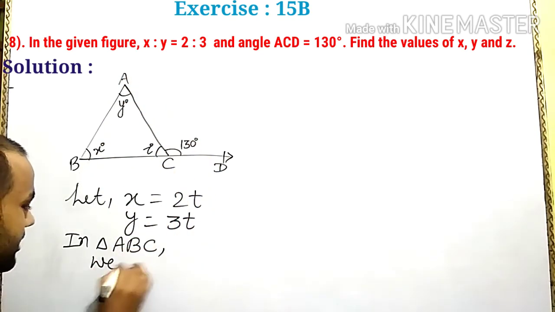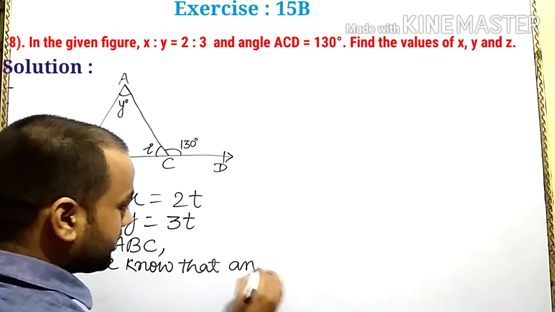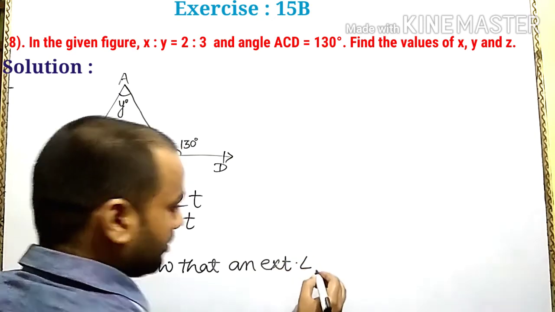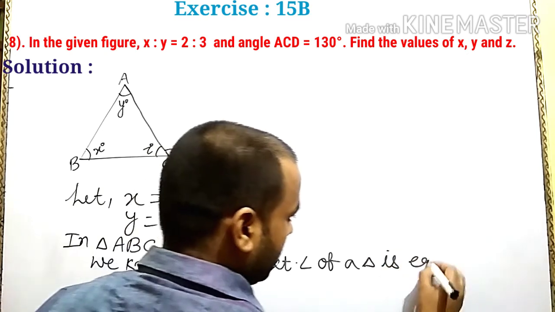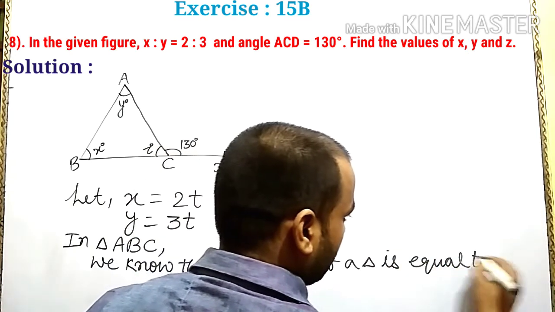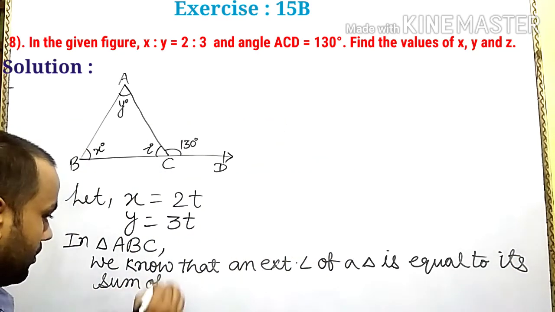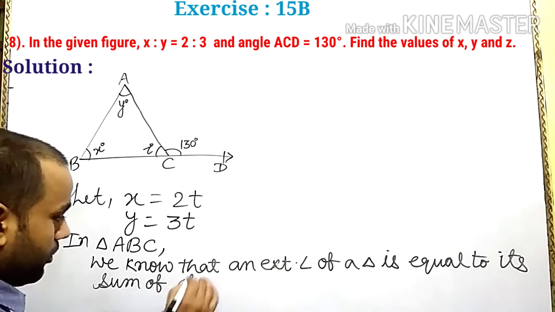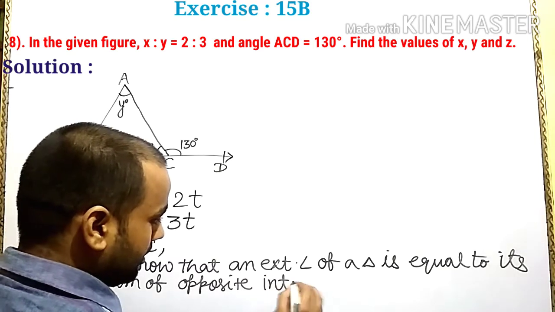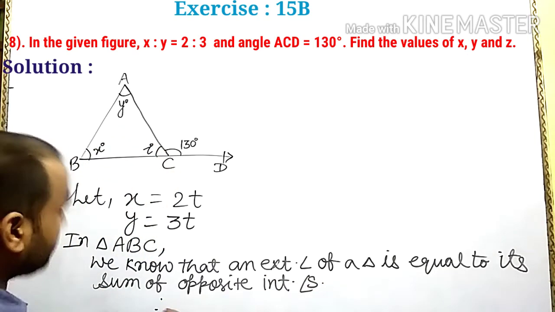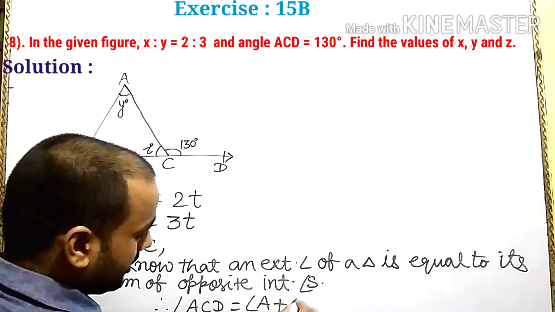So we know that an exterior angle of a triangle is equal to the sum of opposite interior angles, means therefore angle ACD is equal to angle A plus angle B.